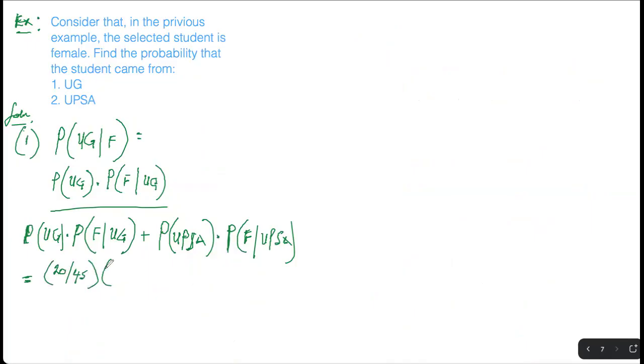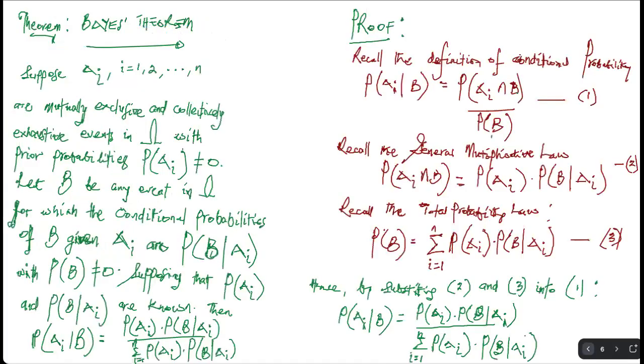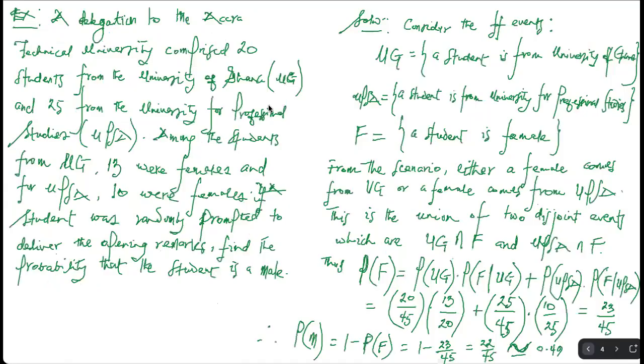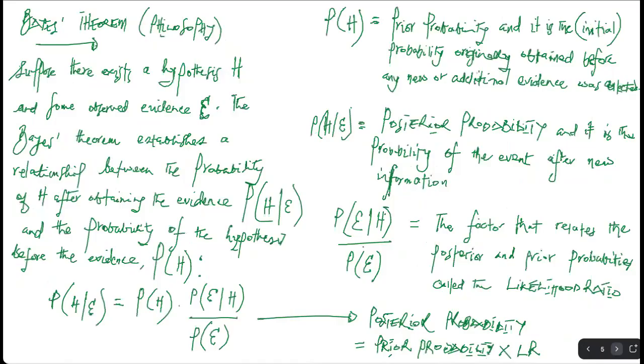And we're multiplying this by the probability of F given UG. I think we found that. Let's go back and check. The probability of F given UG should be in the problem somewhere. Yes, this is 13 over 20.